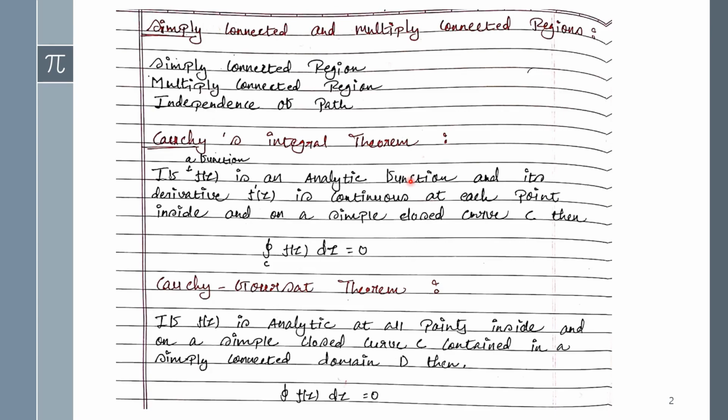To check the analytic for some particular point, you have to check the denominator. Suppose in the denominator it's given z minus 1.